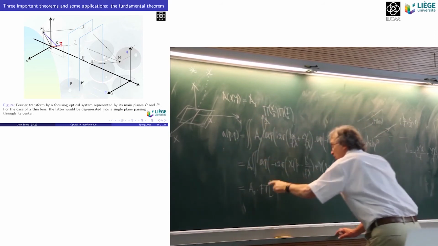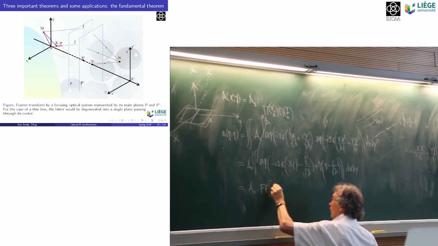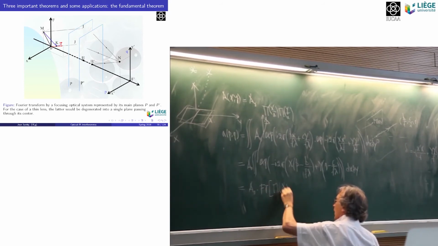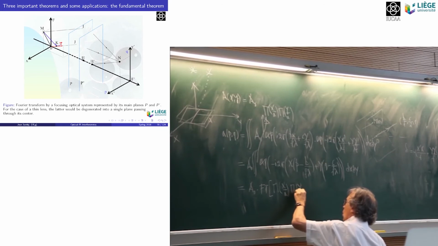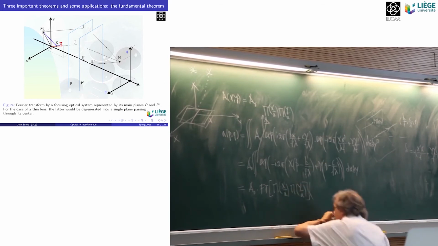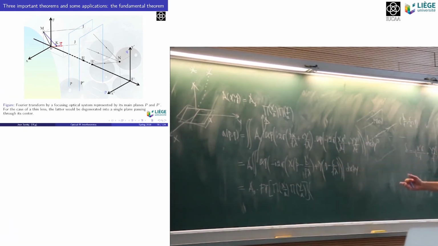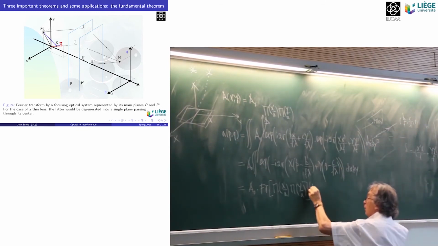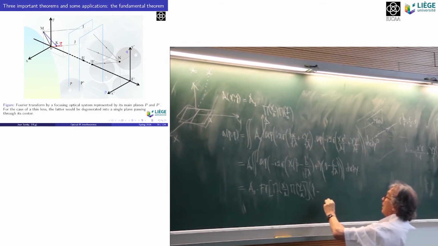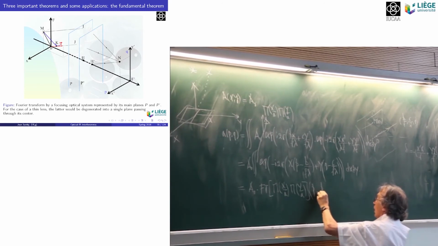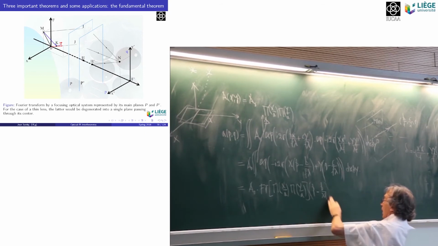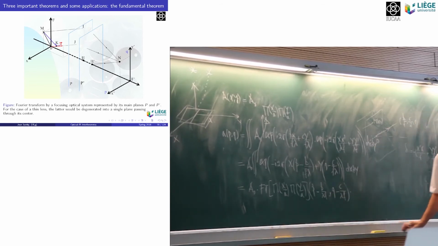So it's a Fourier transform of pi of x over a times pi of y over a, not for the variables p and q, but for the variable p minus b over lambda f, and for the variable q minus c over lambda f, like that. So what I find is exactly the same result as before.